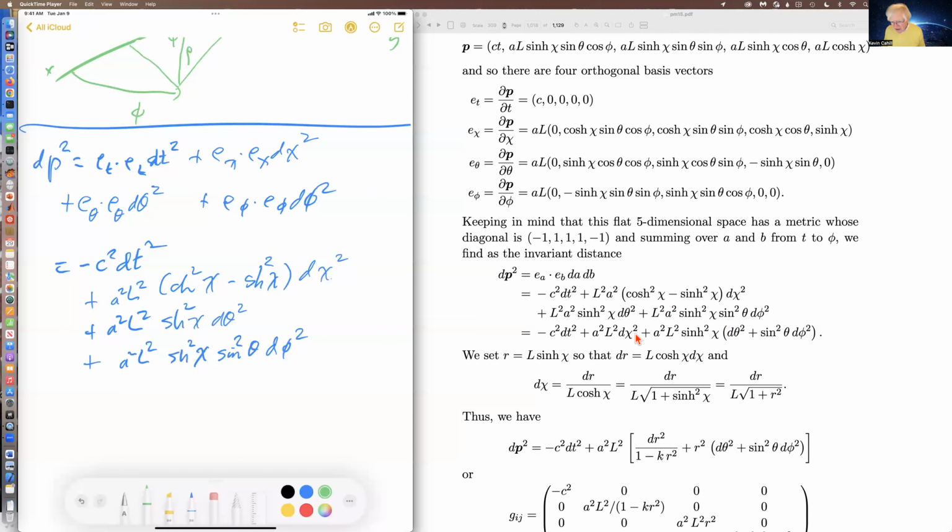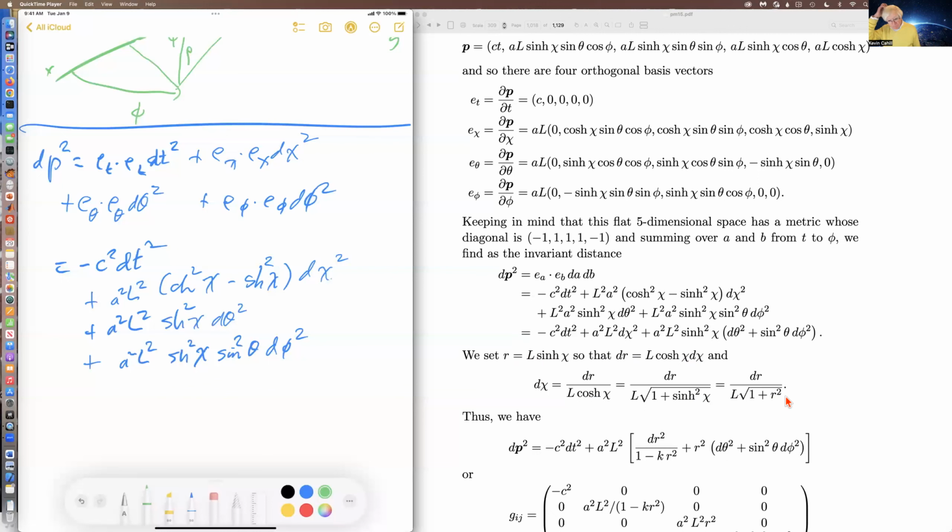Now, the variable chi can be reinterpreted. What you do is you say L sinh of chi is set equal to r. dr is L cosh chi d chi. So d chi is dr over L cosh chi. But cosh chi is the square root of 1 plus sinh squared chi, and sinh chi is r over L, so that gives us dr over L square root of 1 plus r squared.